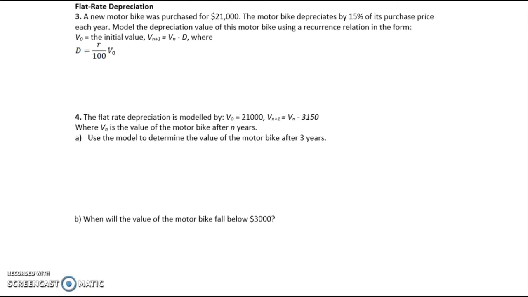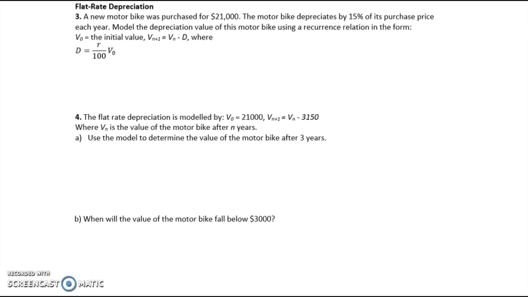Model the depreciation value of this motorbike using a recurrence relation in the following form. So this time we've got V0, the initial value of the asset. In this case, it's the motorbike. Then it's modelled by Vn+1 equals Vn - D.